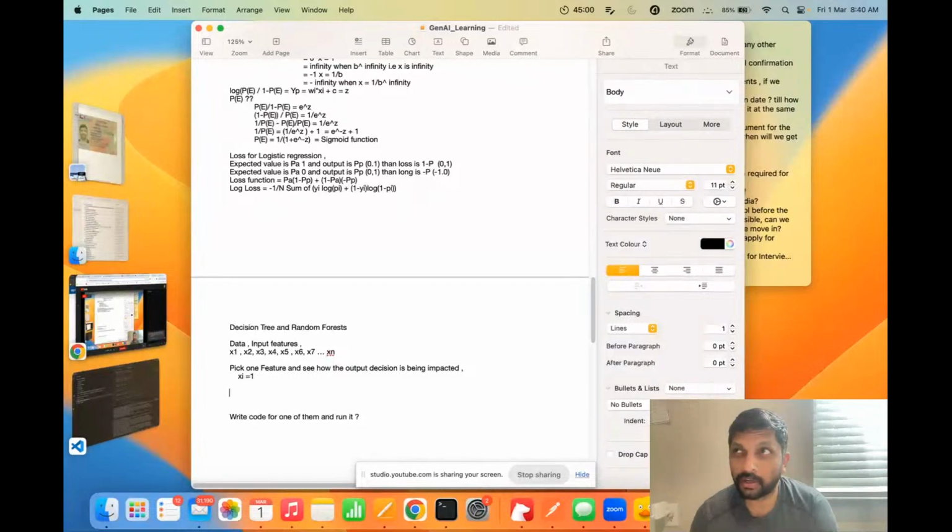For each point on the line you map it using a sigmoid function to a certain value, and that value is what we cast as the probability for that particular x1, x2, x3 values. Using this algorithm we predict the probability of classifying that thing as 0 or 1.